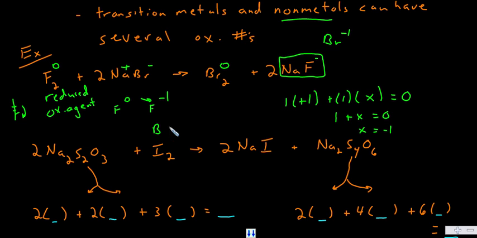Bromine is going from minus 1 into 0. So it's going up the number line. It's being oxidized. If bromine itself is being oxidized, that means that sodium bromide is your reducing agent.